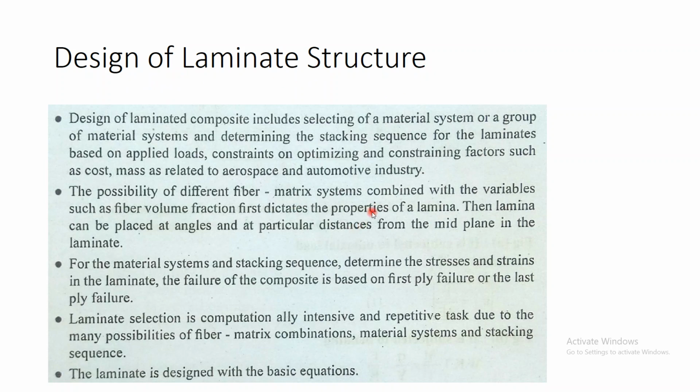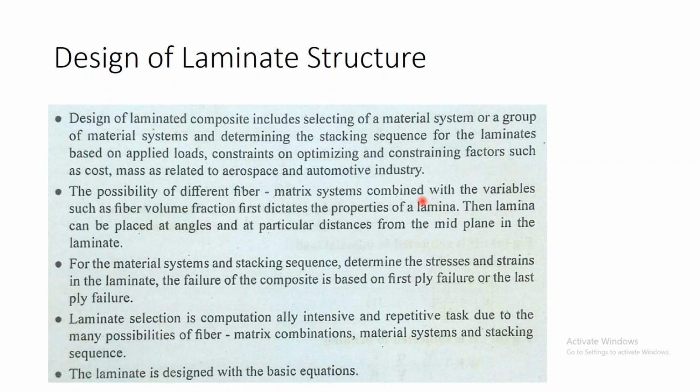The first step is the choice of fiber as well as the matrix that we should use in a lamina, and the amount of fiber volume fraction that we should adopt, since many properties of the lamina depend on it.